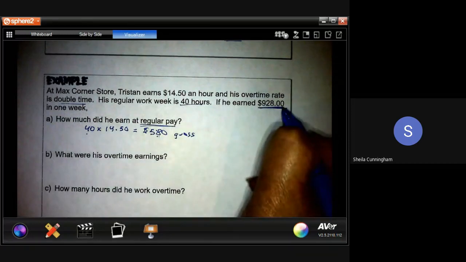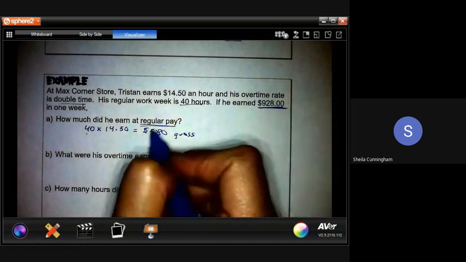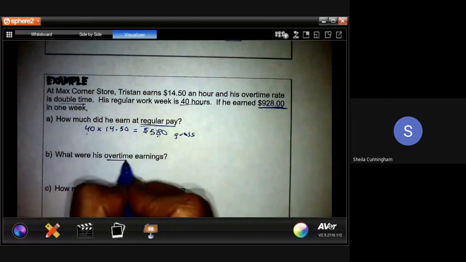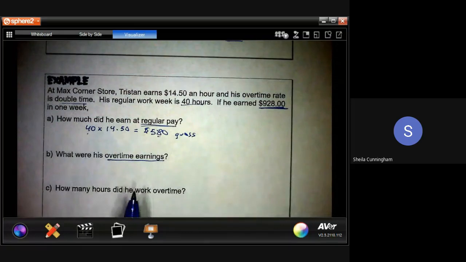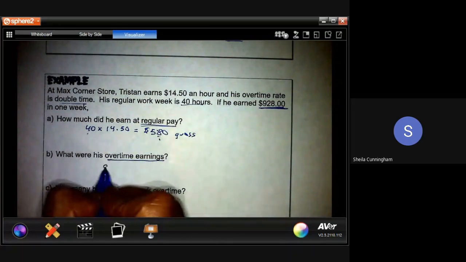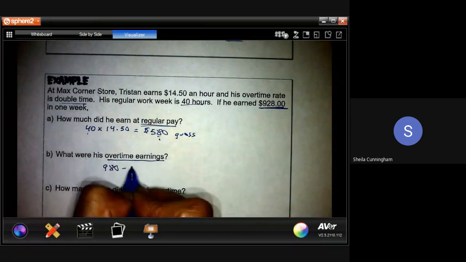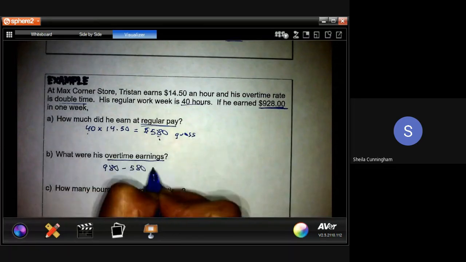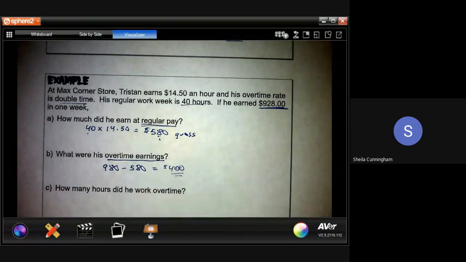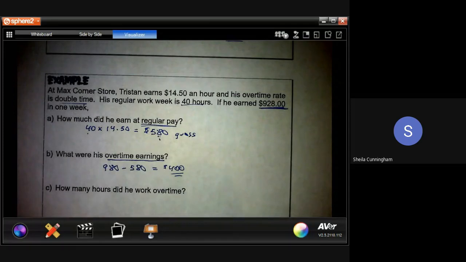He earned a lot of money over and above the 580, right? So his overtime earnings, how much money extra over and above his regular pay? Well, if we take the 980, subtract the 580, we are going to find out that he made an extra $400 in overtime. That's a lot of money.